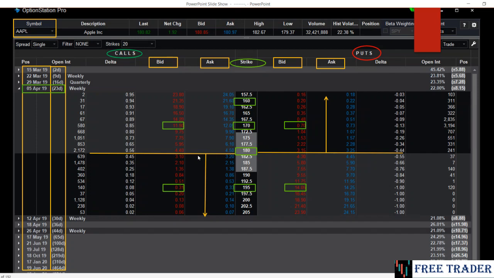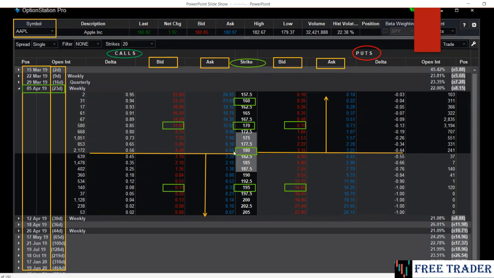So how does an option actually move, and how do you make money, and how do you read it? If I buy anything in the money, let's say I bought it at a strike price of 180, and I pay 450 for this option.